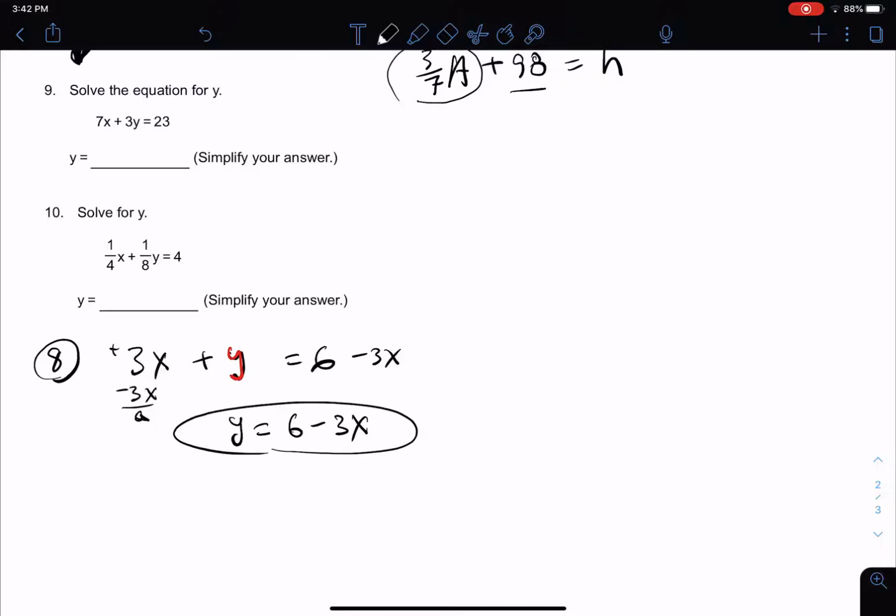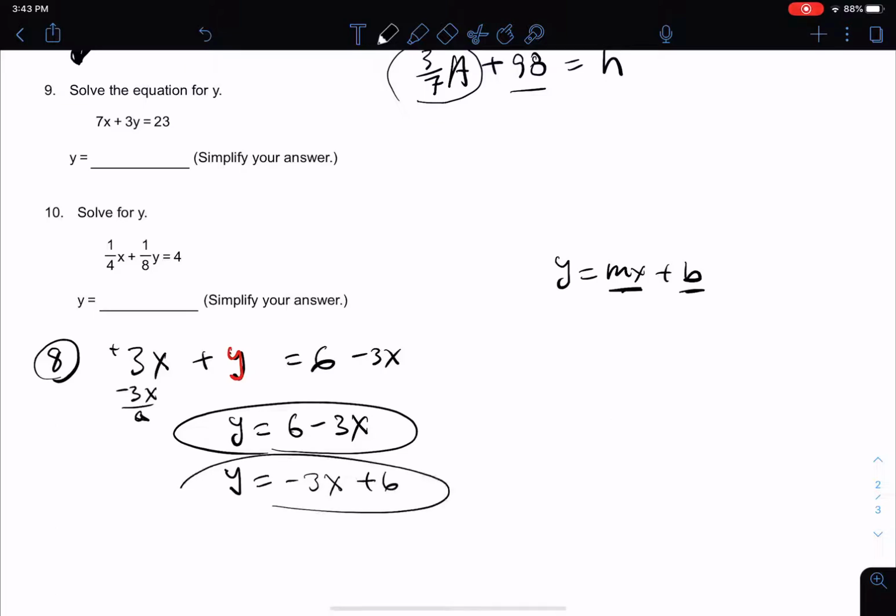We find out later in this chapter, coming up real soon actually, that there's something called slope-intercept form. And slope-intercept form is y equals mx plus b. And so we always put our x term first and our constant second. So when I see this, I almost can't help but put it into that form.